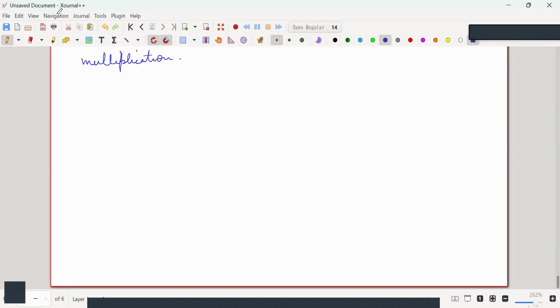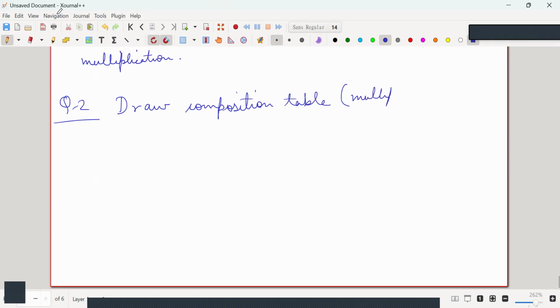So question 2, draw composition table, or at some places this is also known as multiplication table, but composition table is a good notation.